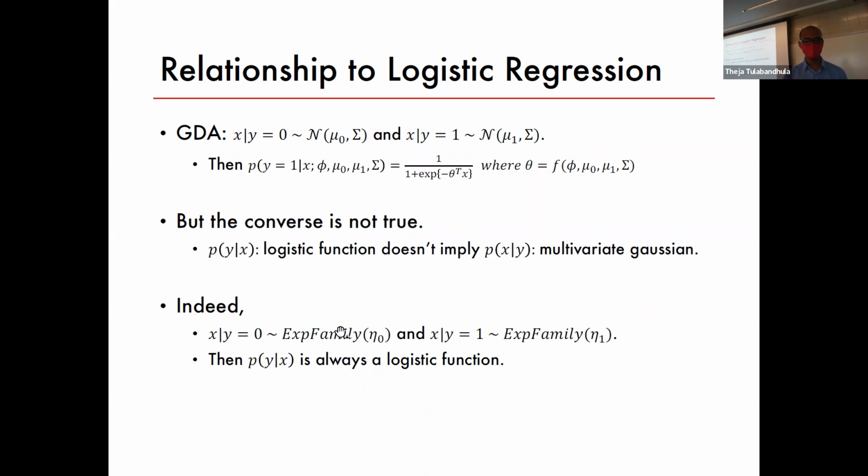Even just this, so this is not Gaussian. Gaussian is also a part of the exponential family, but for any exponential family, the conditional probability of y given x is a logistic function. So Gaussian is a special case of an exponential family function.